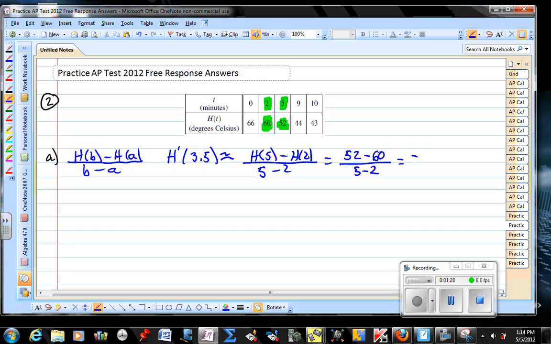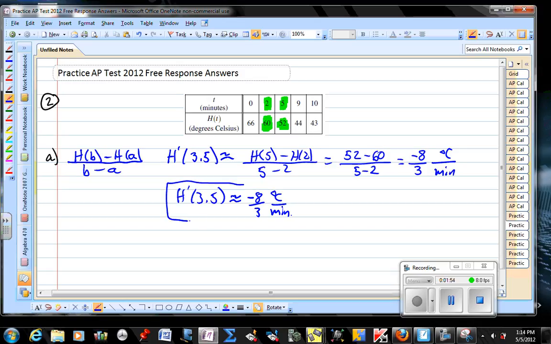So let's see, that's going to be negative 8 over 3. And the unit of measure will be degrees Celsius per minute. So we can conclude then that h prime of 3.5 is approximately negative 8/3 degrees Celsius per minute. If you made that a decimal, that would be approximately negative 2.667.